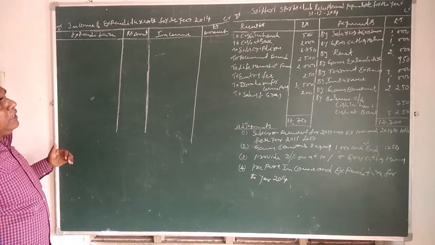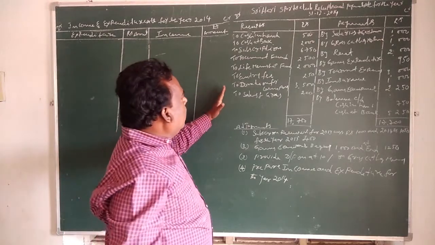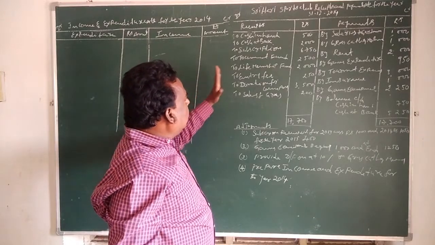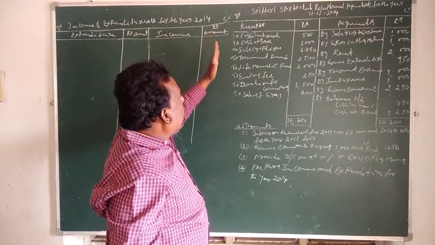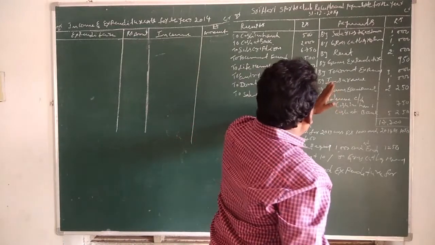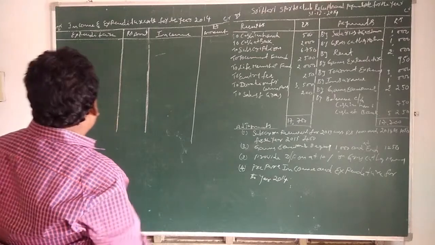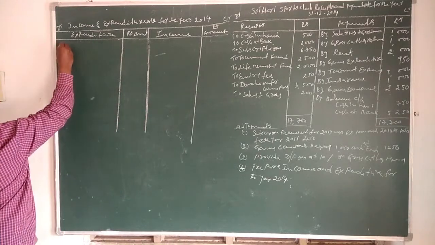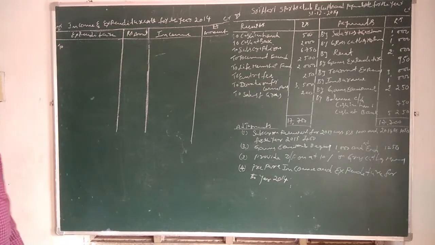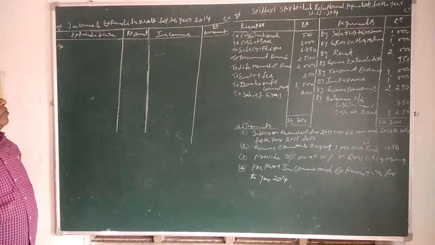While preparing the income and expenditure account from the receipts and payments account, all factors in the form of adjustments must be taken into consideration. First of all, we must record expenses. Expenses means payments. Income and expenditure account is a nominal account.